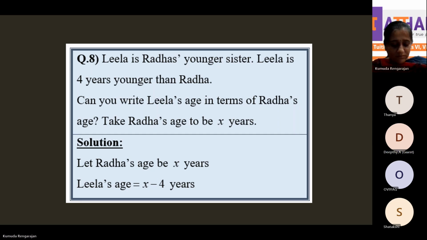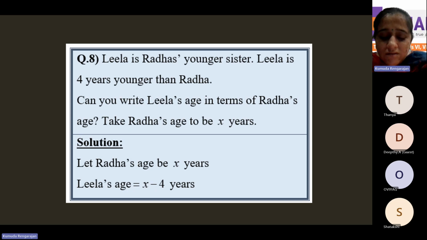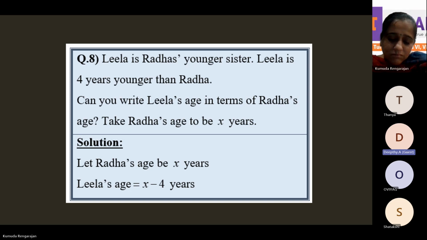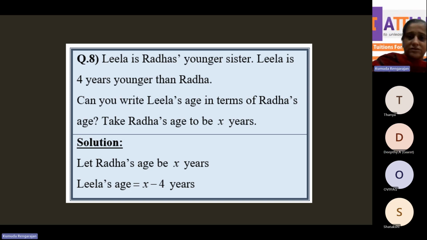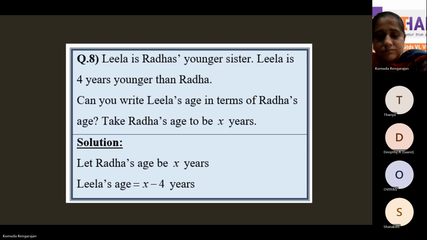In this question, if they say Radha's age is X, which equals 14, then we can take the step further and do 14 minus 4 equals 10. So Leela's age is 10. Correct. Yes.